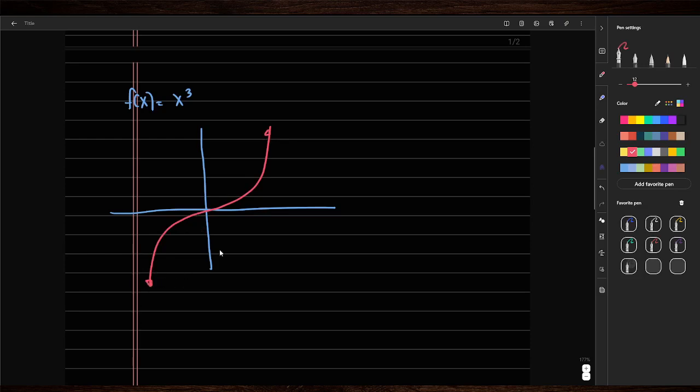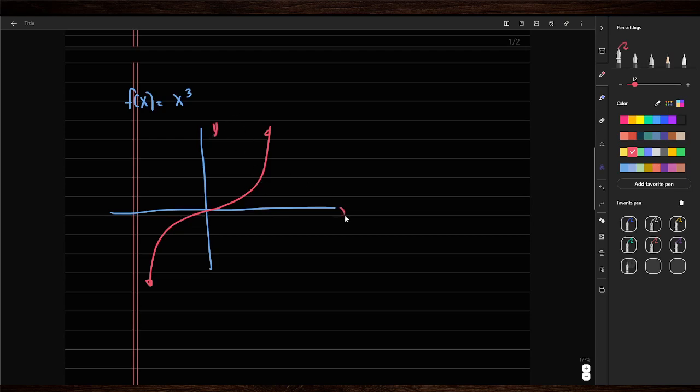What we could say in this graph is it continuously becomes larger as your domain becomes larger, or increasing, and it also becomes lesser as you go to the negative x-axis.